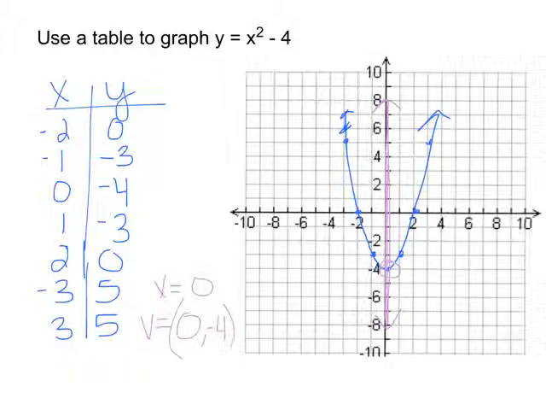And as you notice, my minimum point is this negative 4, that the graph doesn't go anything lower than negative 4. So I have a minimum point here, which means that my range has to be that y is greater than or equal to negative 4.